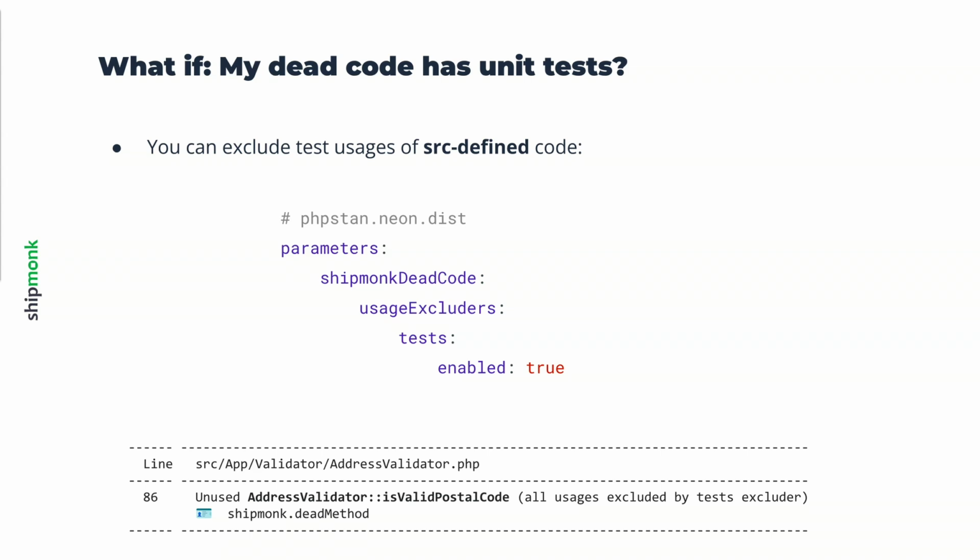This is only for classes that are defined in source, not the test. So only things that are actually tested, which are defined in source and used in tests, are being excluded. For example, data providers in PHPUnit or something like that are still being reported.